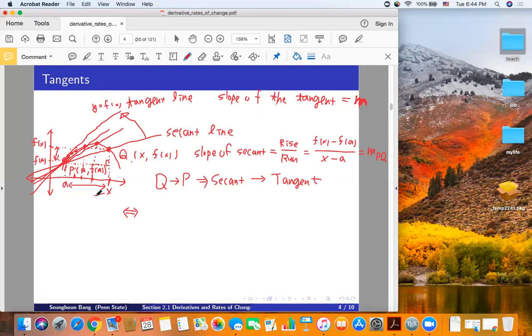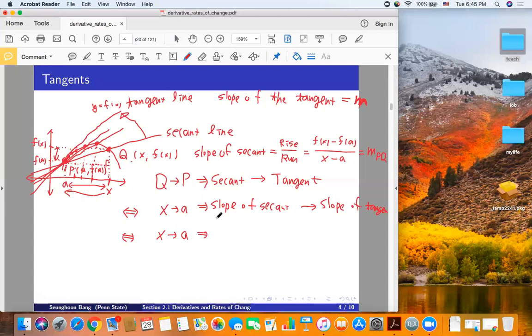The x value approaches A. So Q approaches P, automatically the x value approaches A. So exactly the slope of the secant line approaches the slope of the tangent line. This is equivalent to the x value approaching A.